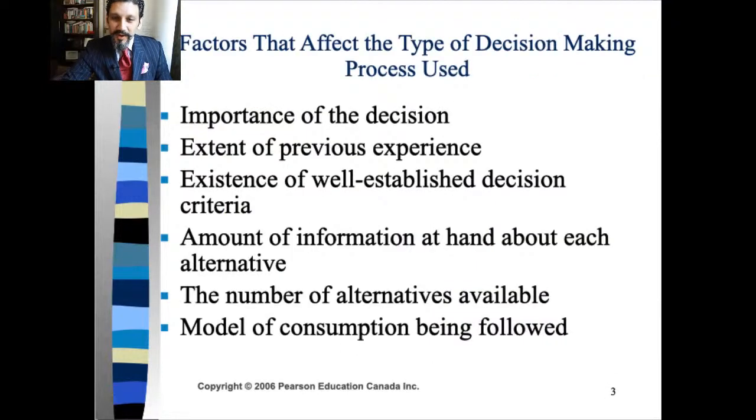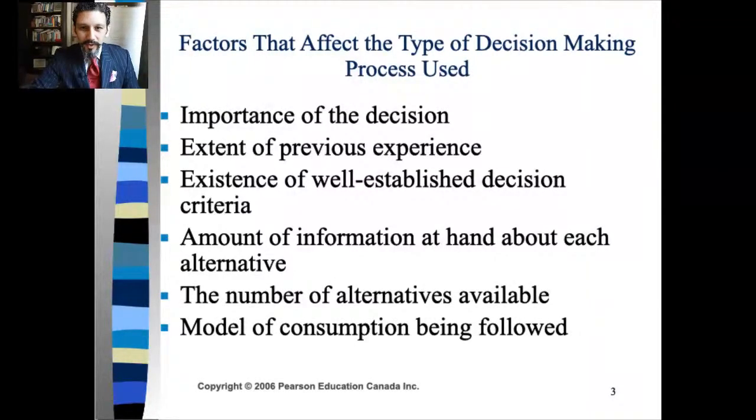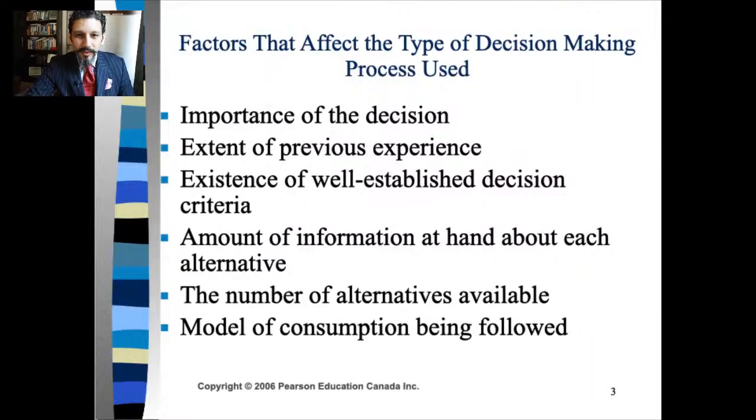So factors that affect the type of decision making are the importance of the decision, how important the decision is. The more important it is, the more you need to think about it, the longer the process would be for making that decision. The extent of previous experience: if you have done this in the past, you would be much faster at it, as opposed to if this is something you're doing for the first time.